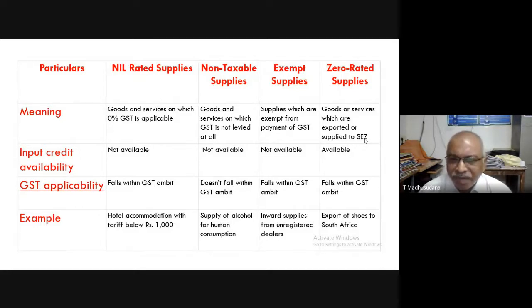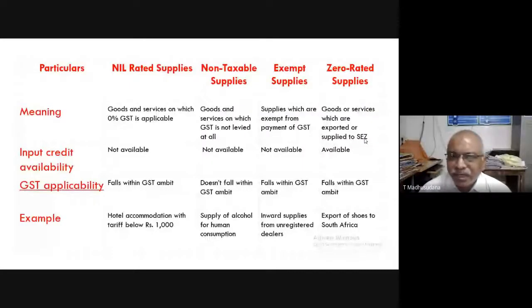Non-taxable supplies do not fall within the GST ambit. That means they are not under the purview of GST. Next, exempt supplies fall within the GST ambit. They are under the GST ambit, but they are exempted.